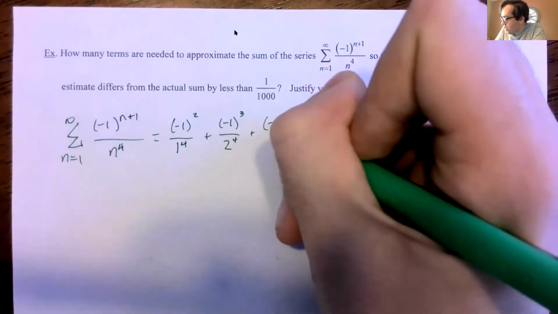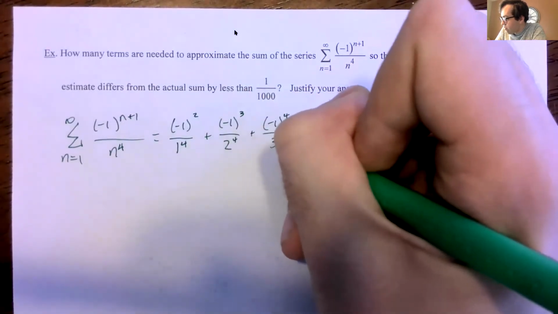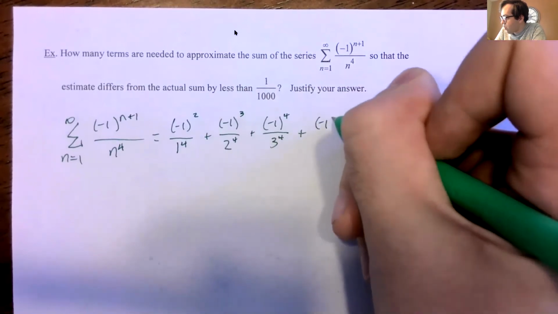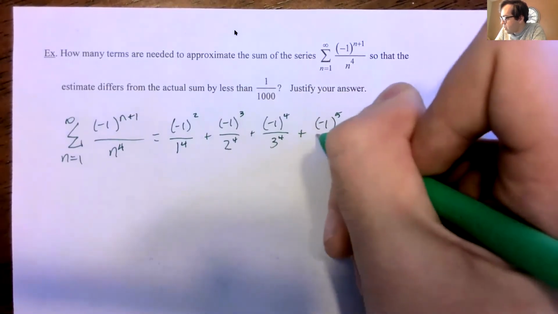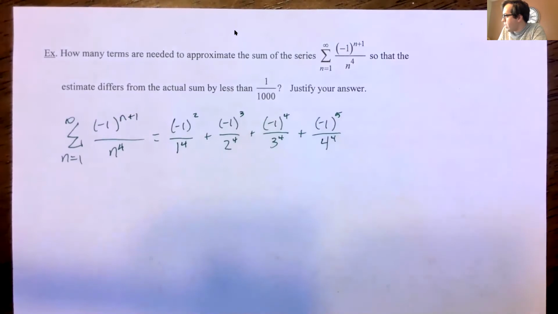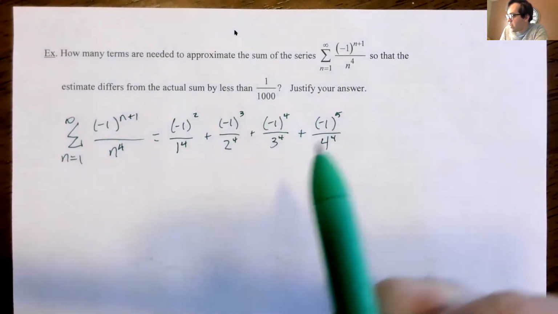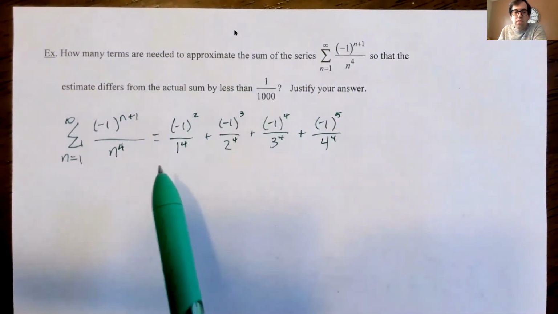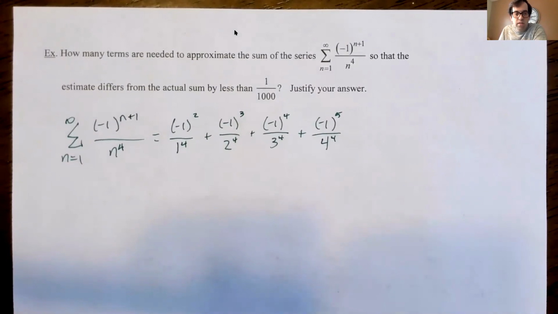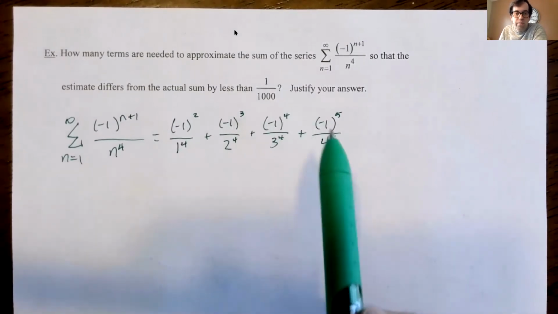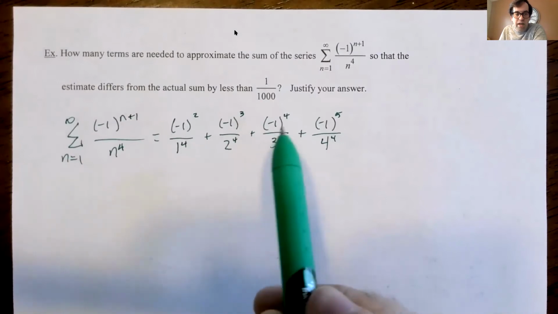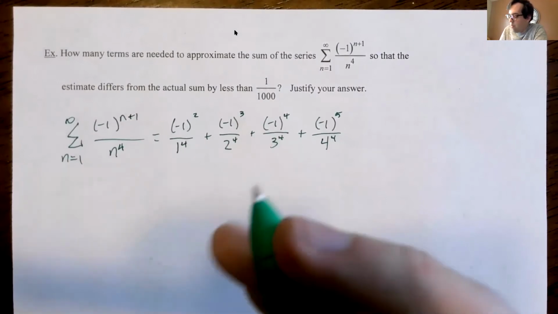And then it's going to be negative 1 to the fourth over 3 to the fourth, and so on. Okay, and what I'm going to do is start to figure out what is the absolute value of each one of these terms. So the numerator is going to be pretty meaningless. It's just going to be positive 1 or negative 1. So I'm really focusing on the denominator here.